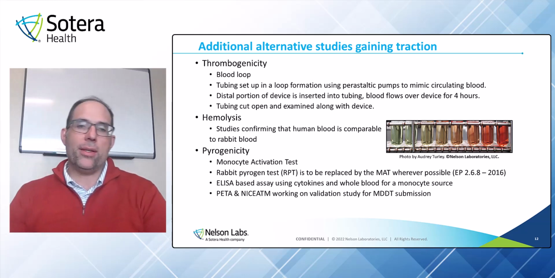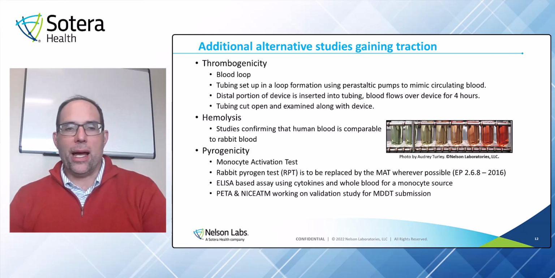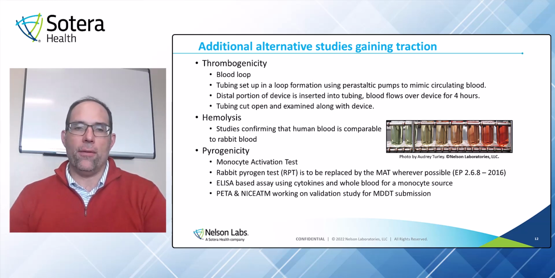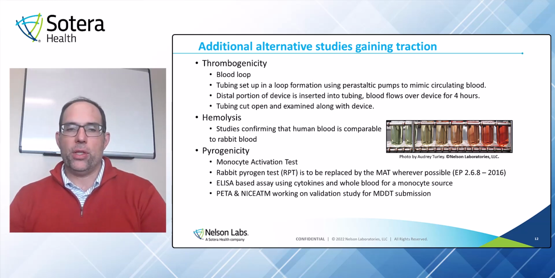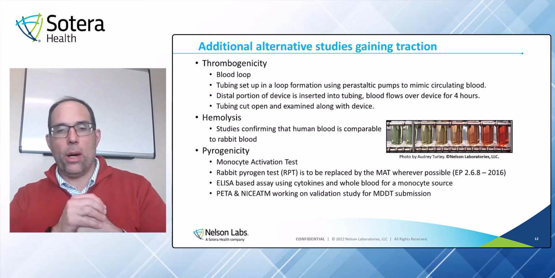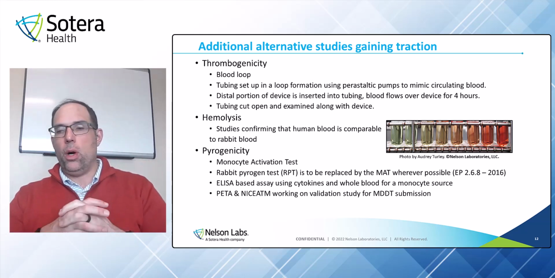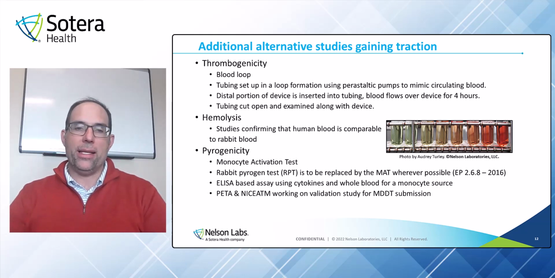And then we also have things like pyrogenicity, where we're looking at the monocyte activation test as an alternative, or looking at how we can replace the rabbit pyrogen test. So we're constantly looking at what animal tests we can replace and what other in vitro methods are out there. We're working as an industry very closely together to come up with the best ways to do this.